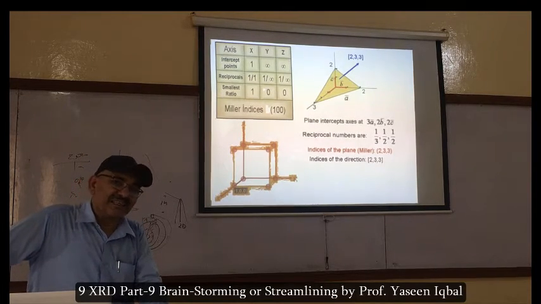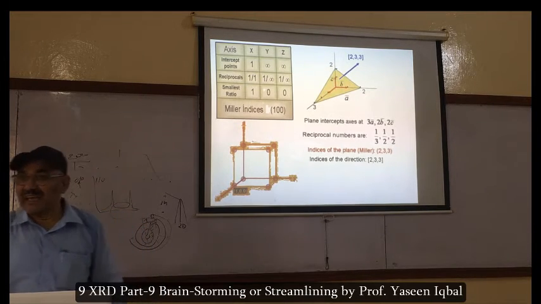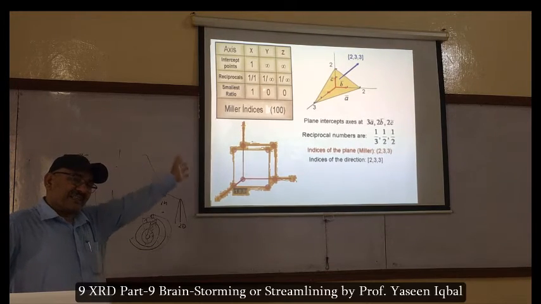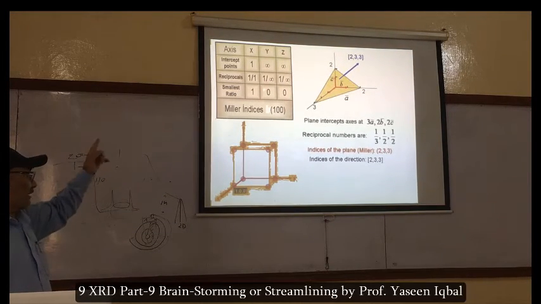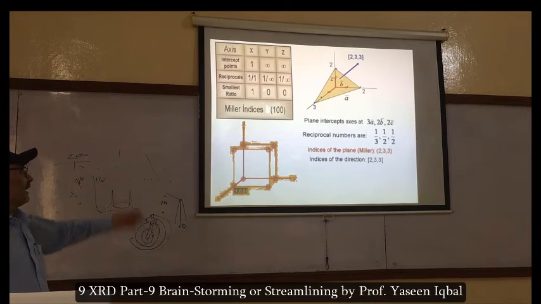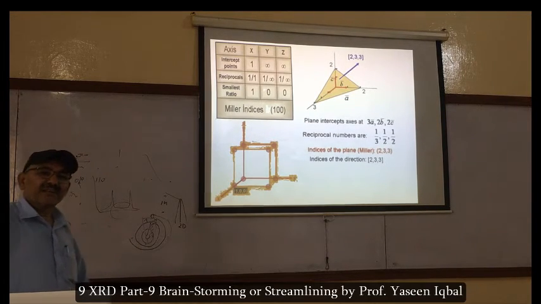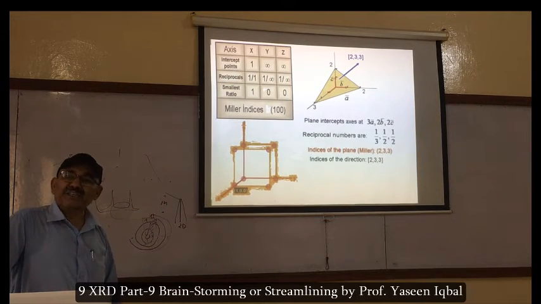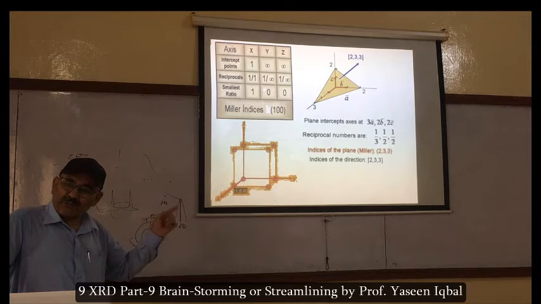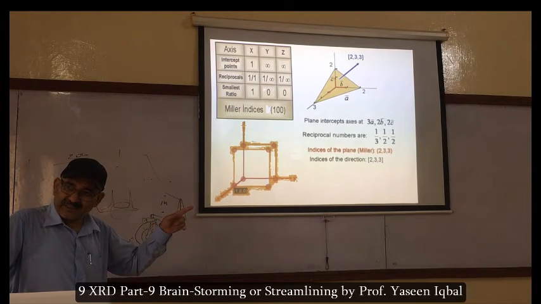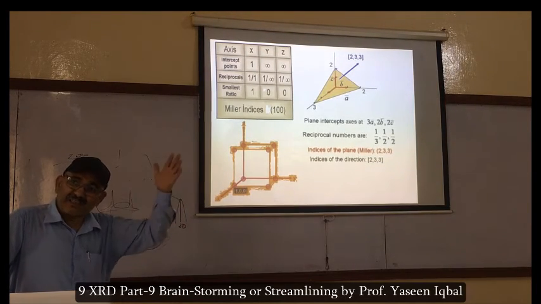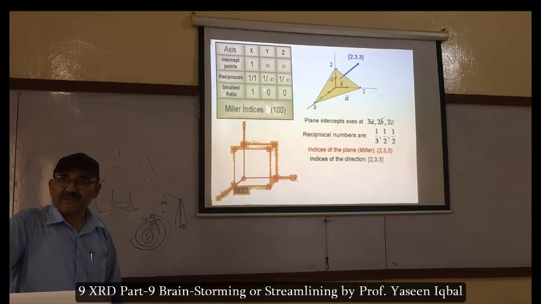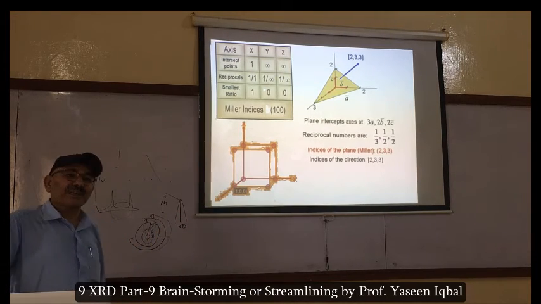And the one here along the x-axis is a, right? So when it is intersected at a, at 1, and the y and z axes are not intersected, so it is parallel to the y and z axes. This means they are intersected at infinity, not intersected. At infinity means no, right?